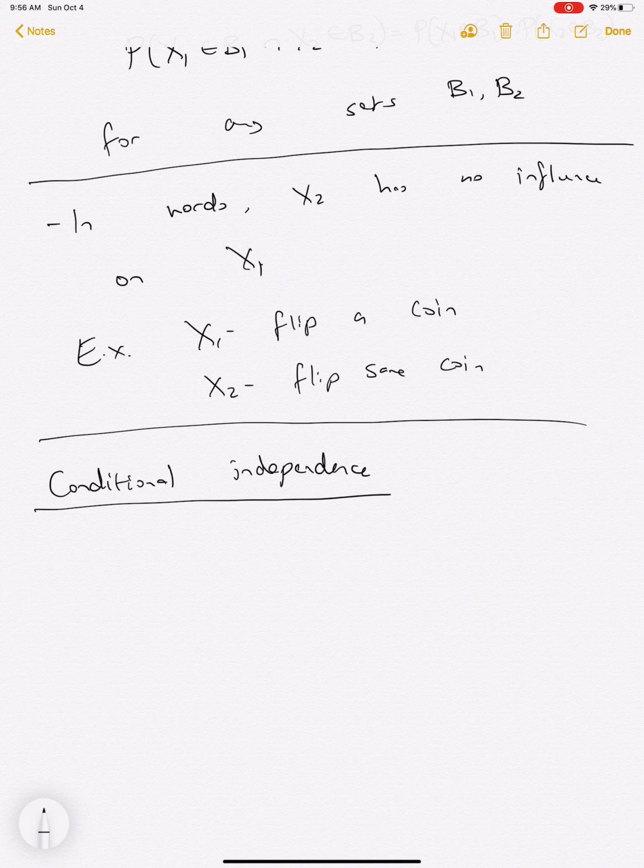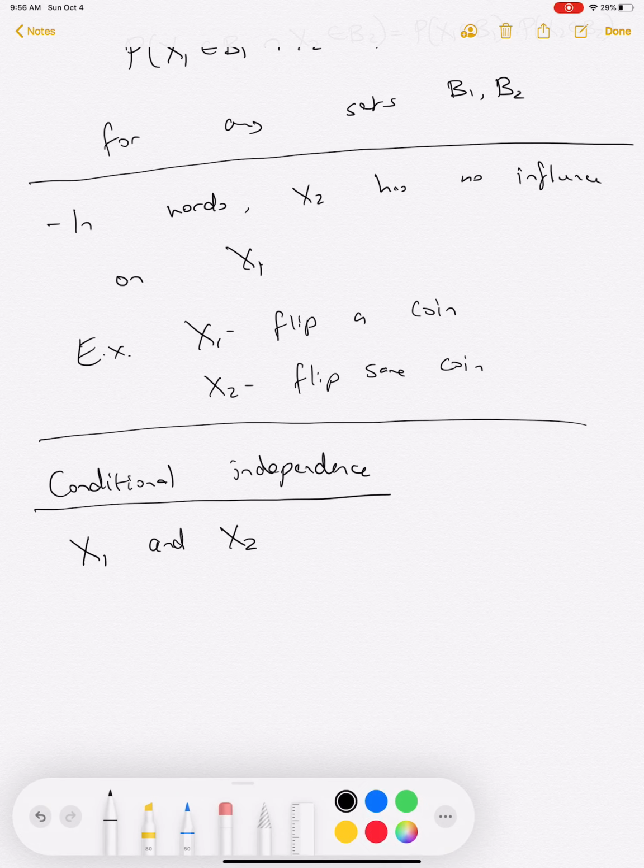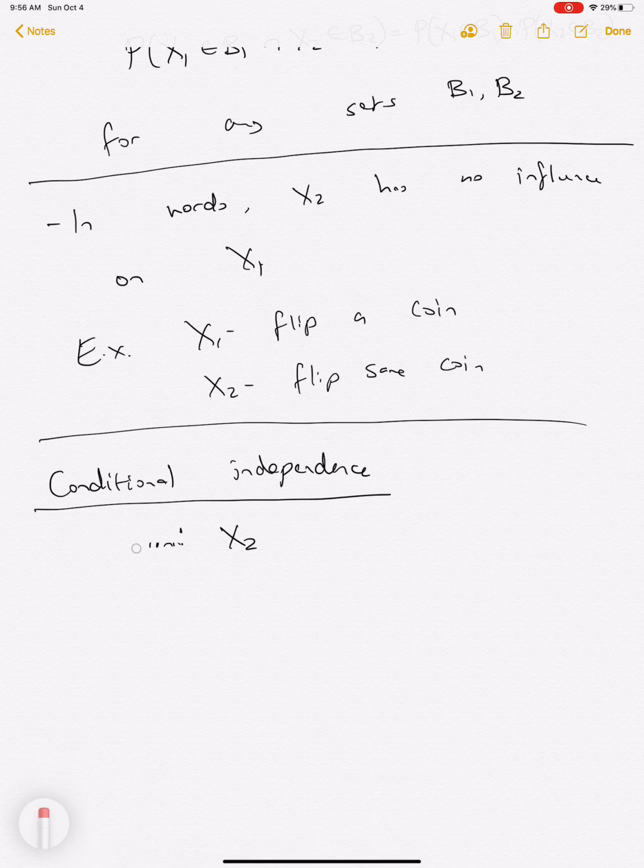So conditional independence is... we've got p random variables.